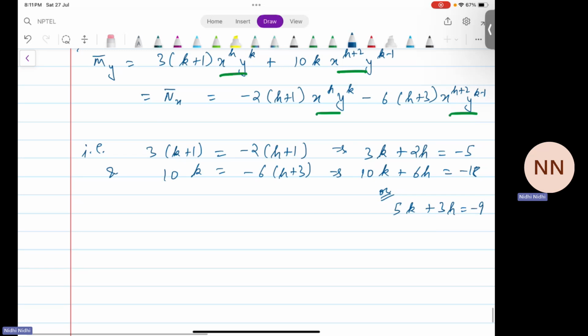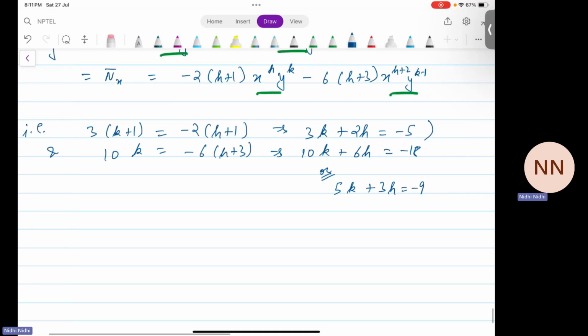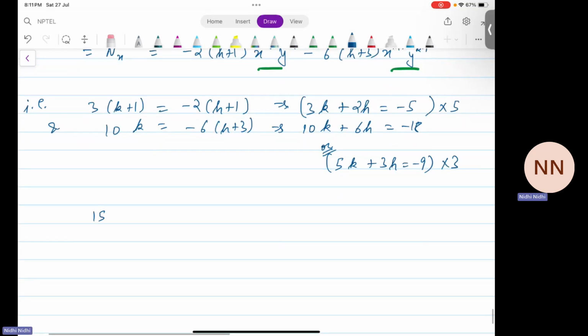We'll be using the method of elimination to solve these two equations. Multiplying this equation by 5 and this one by 3, we get 15k plus 10h equal to minus 25, and 15k plus 9h equal to minus 27.